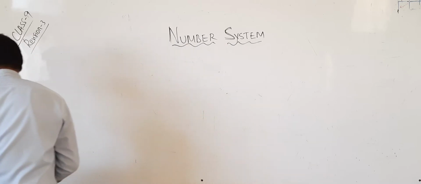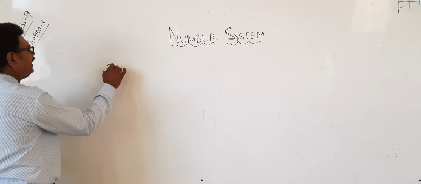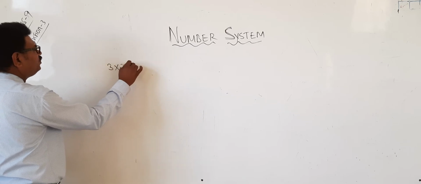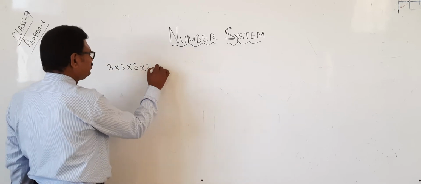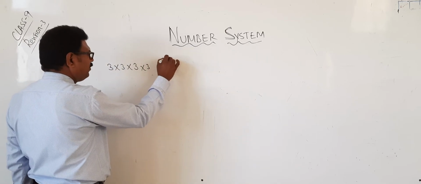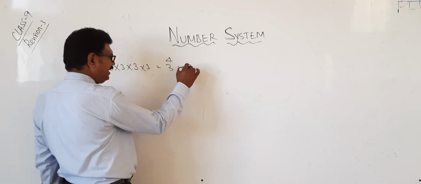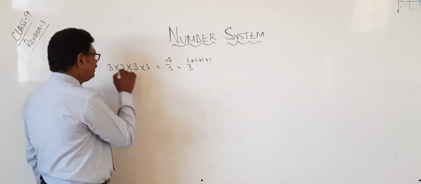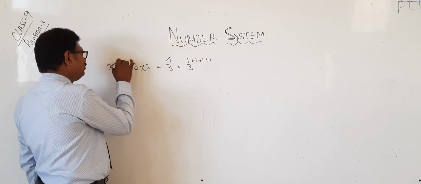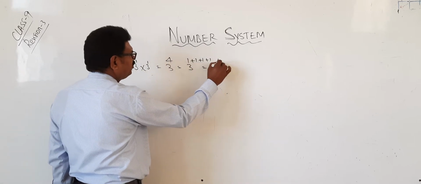Very simple: 3 into 3 into 3 into 3. That means 3, how many times am I writing? 4 times. It is nothing but 3 to the power of 4.